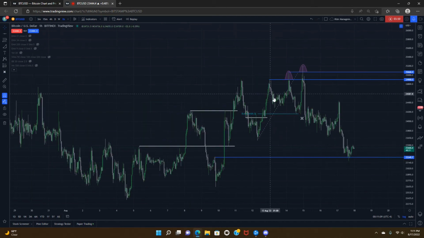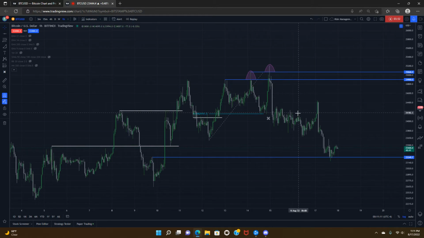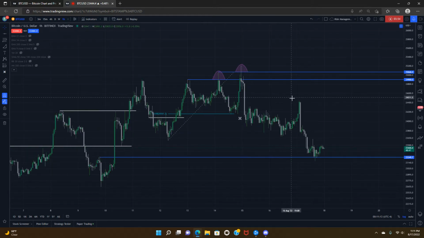That shows you, without going into too much detail about what a breaker formation is, it's roughly a swing failure pattern on a little bit of a smaller time frame than people generally would consider a swing failure pattern, but it's still very important, and oftentimes is the canary in the coal mine that you're going to get a little bit more of a retrace. And that's exactly what we saw here.